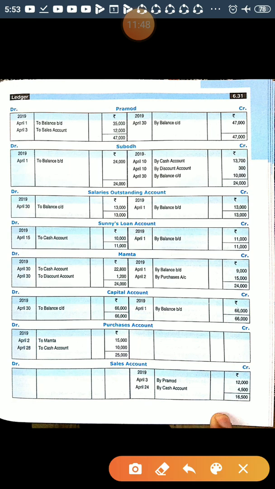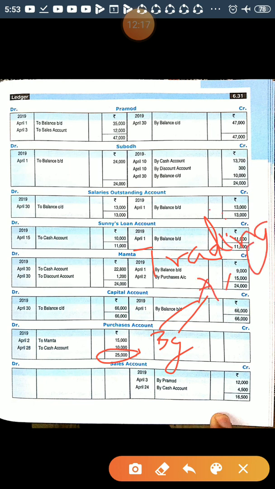But for right now, because purchase is a nominal account, it is balanced. It is closed at the end of the year by transferring its balance, like here 25,000, to trading account. You will write here by trading account 25,000, and you will equate both the sides, right?